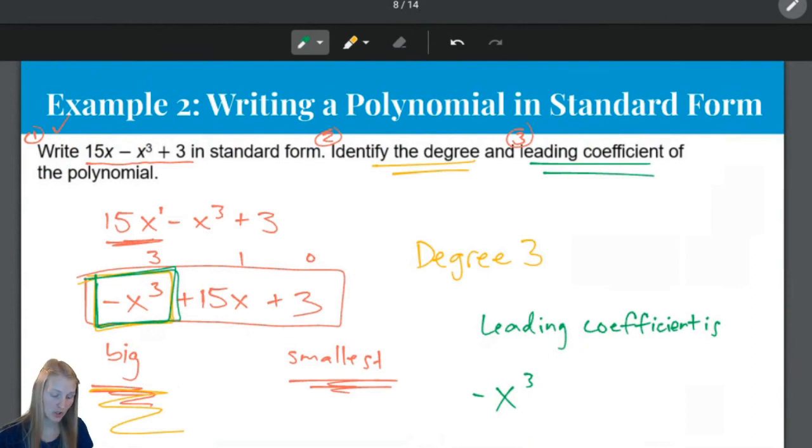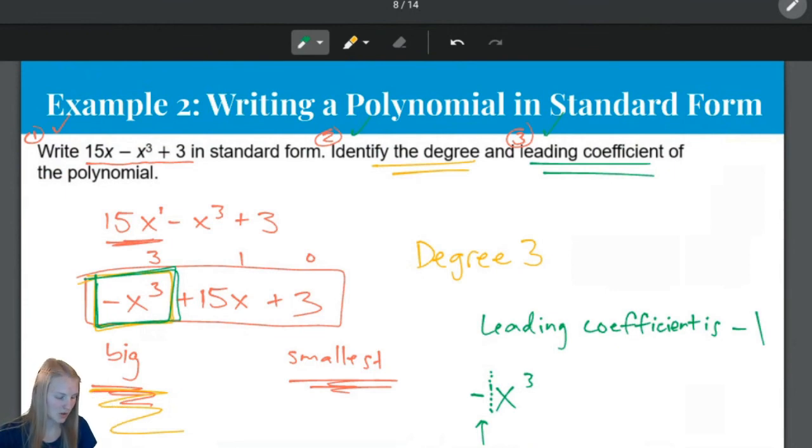Remember, the coefficient is the number in front of the x cubed. So we have negative, and remember there's always an imaginary 1 here. So the leading coefficient is negative 1. Okay, and we did step 1, we did step 2, and we did step 3. So we have finished this problem.